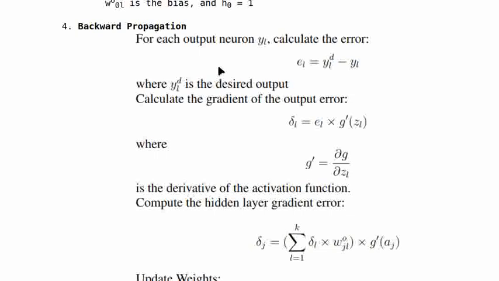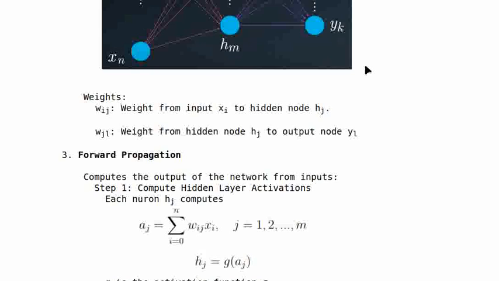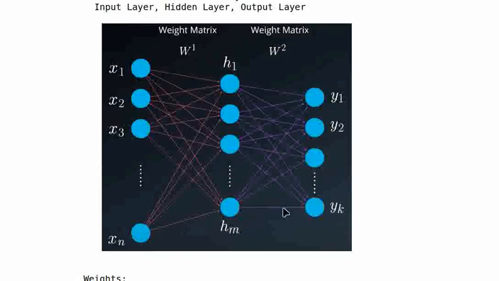So we calculate the error. That's done in the back propagation stage. So the error el is equal to yl d, where d means desired, the desired output, minus yl, the one that we calculate using the network, the MLP.